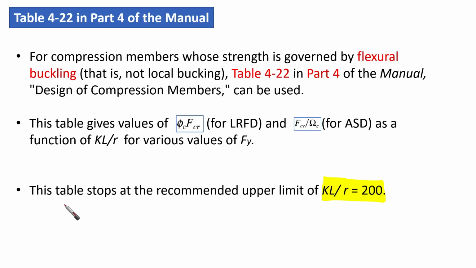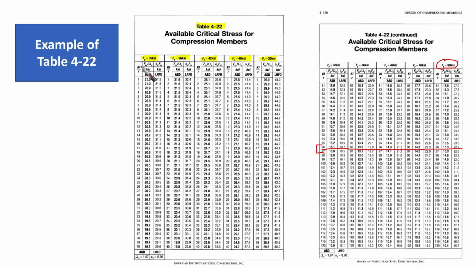The last thing that we want to highlight regarding this table is that it is given for KL over r for various values of Fy. This means that if you look at the leftmost column here, you're going to find KL over r, the slenderness ratio, which starts from 1 and goes until, here it is 120, but supposedly at the end it should reach 200.